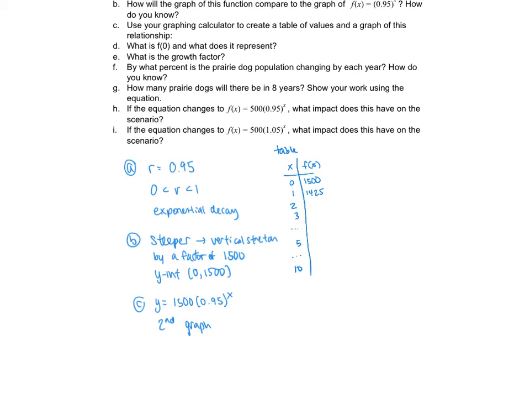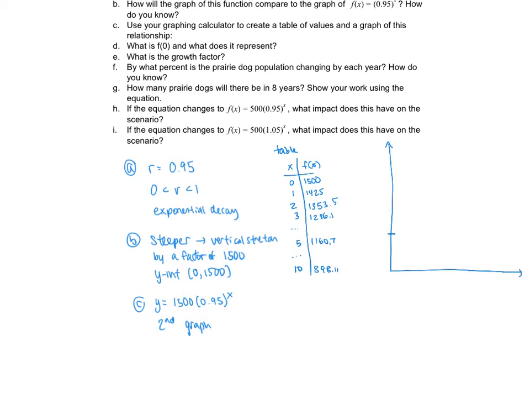After 2 years, there is 1,353.5. After 3 years, there's 1,286.1. After 5 years, 1,160.7. And after 10 years, 898.11. So then for the graph, we need to go all the way up to 1,500.